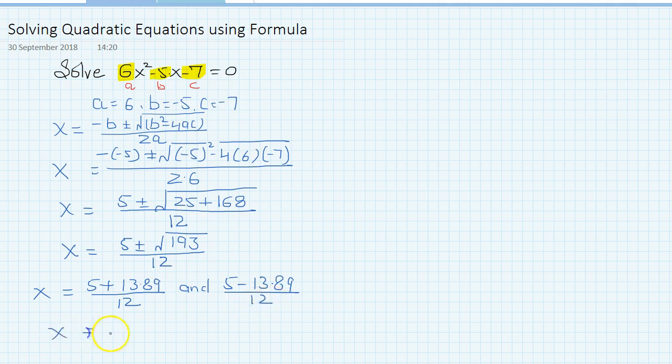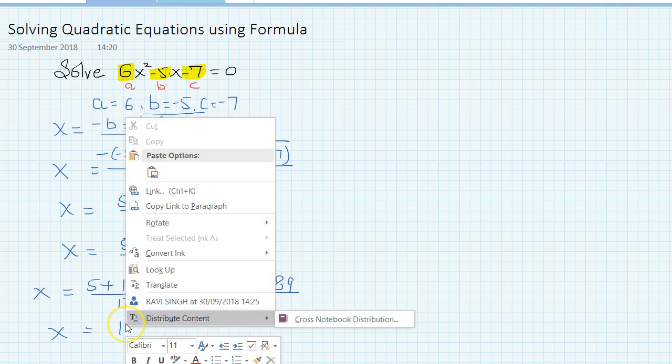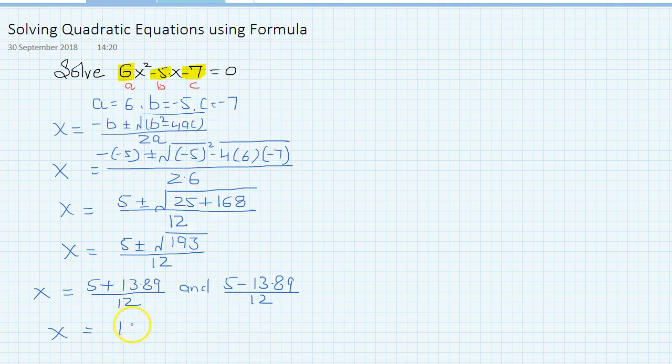So values of x will be 1.57 and negative 7.40. So that is the first type of question. We have used the formula. This is example number 1.